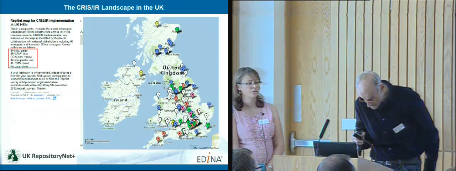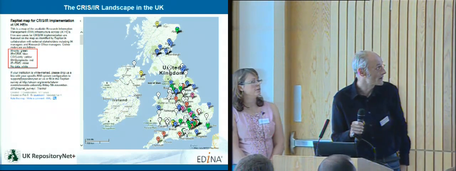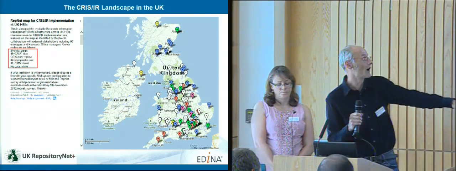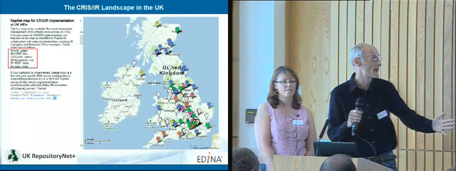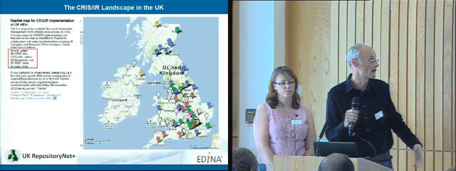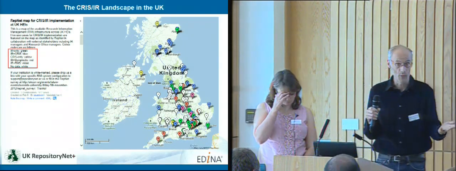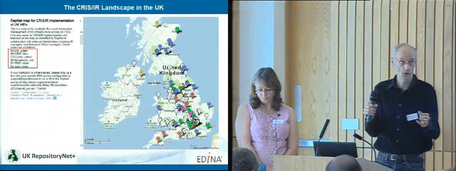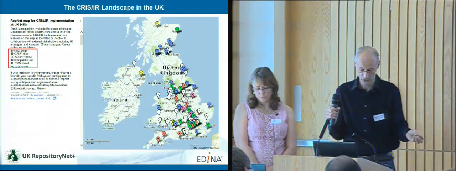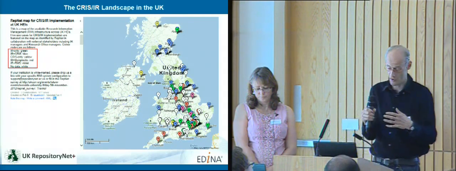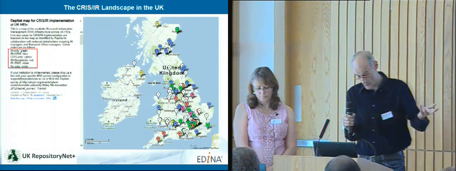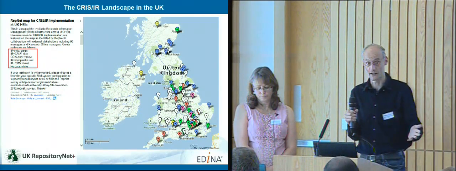Those are the yellow dots on the screen, and through a set of midway use cases covering IR plus CRIS implementations, linked IR plus CRIS, or merged IR plus CRIS, also IR plus Symplectic.